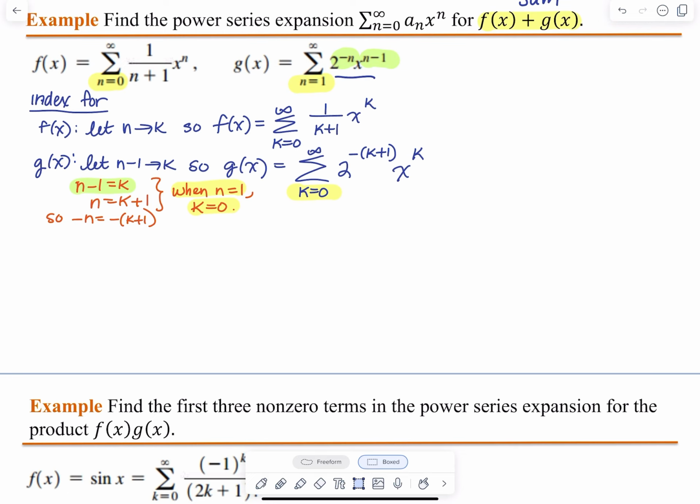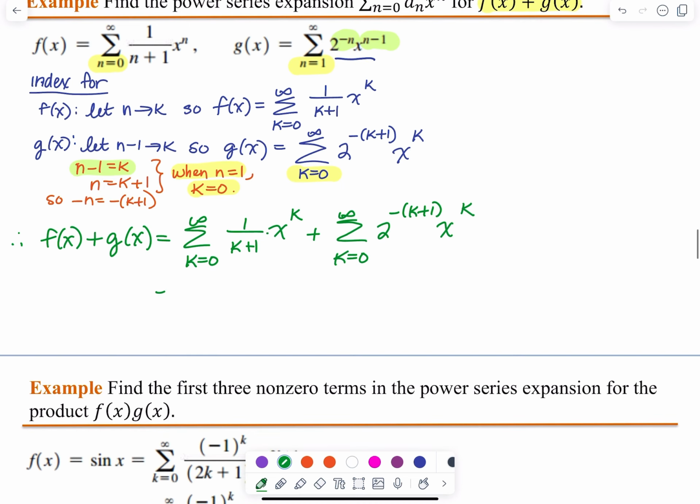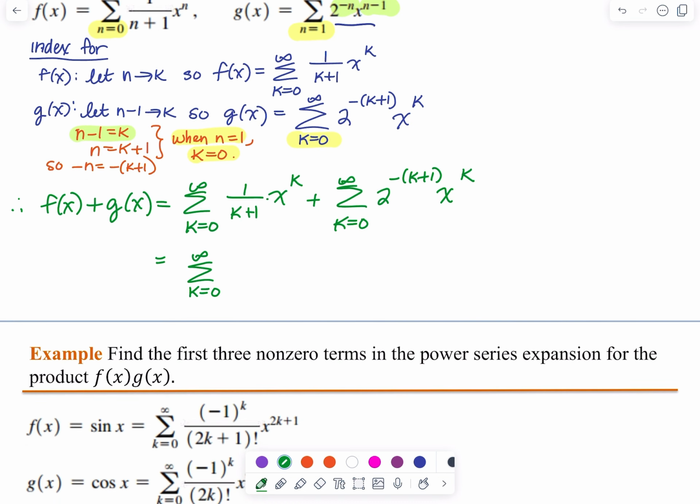Well, now we're set up to go ahead and add these functions together now that we have matching indexes. So let's do that. Therefore, f of x plus g of x is equal to, here's our f of x, and here's our g of x, and now we can say that this is equal to the sum from k equals 0 to infinity, and we're just going to factor out an x to the k and have 1 divided by k plus 1 plus 2 to the negative k.